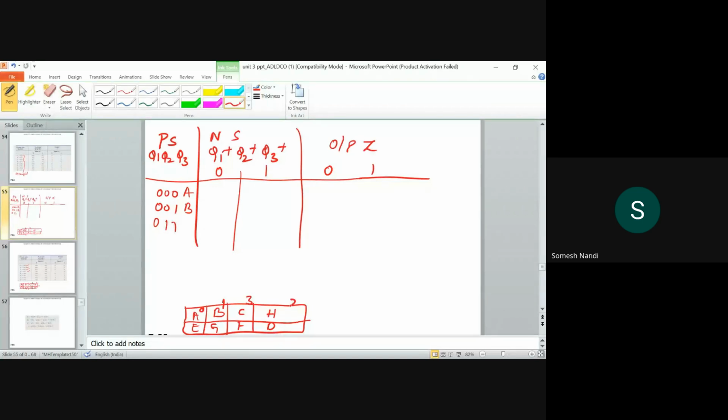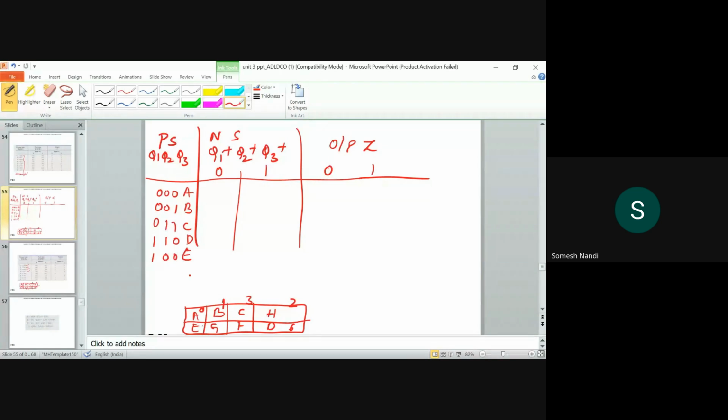This is 2. Correct? Next, A, B, C. Then for D, what is the value you see? D is 6, right? How do you represent 6? 110. Then you have E. E is 4. 4 is 100.